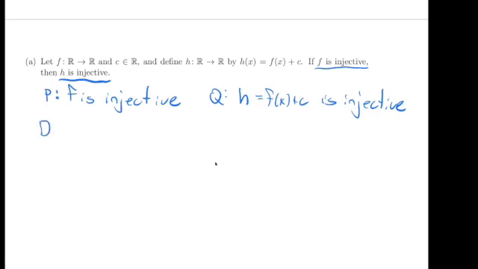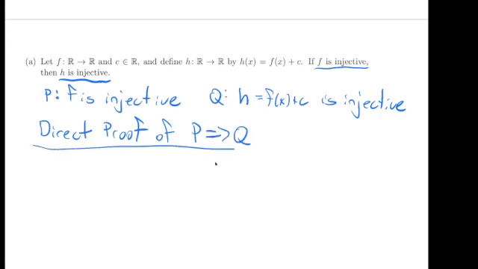So we've got different ways of doing this. We're going to prove that P implies Q by direct proof, okay? Meaning how these look should be, we're going to suppose P dot dot dot, and then hopefully in the end get that therefore Q.